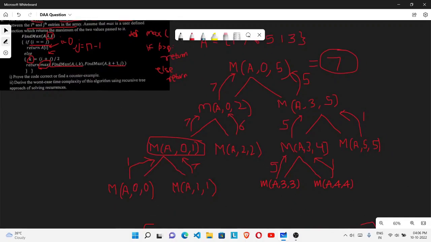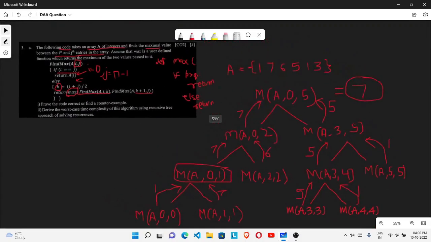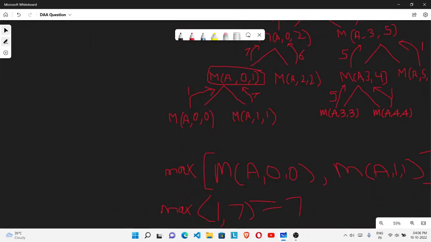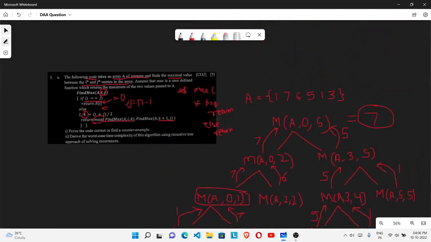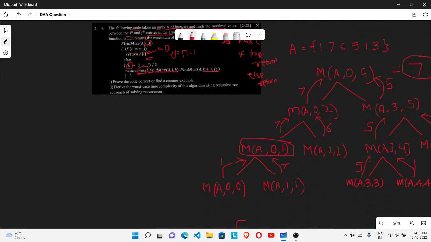So for proving the code to be correct, you can tell that the code is using divide and conquer, D and C, in which we are dividing the given array of size n into equal parts.